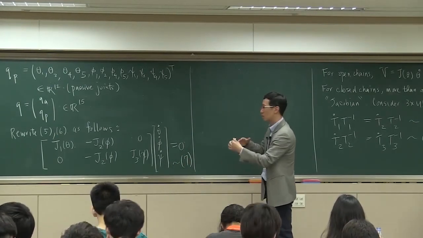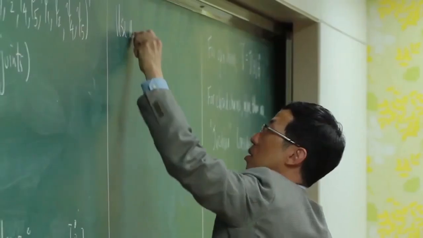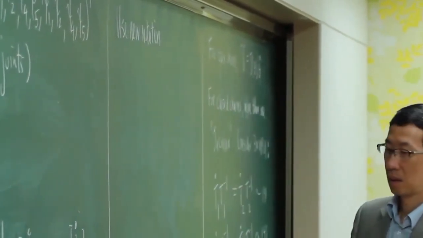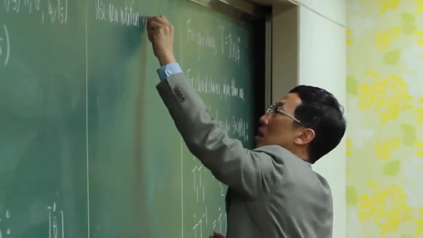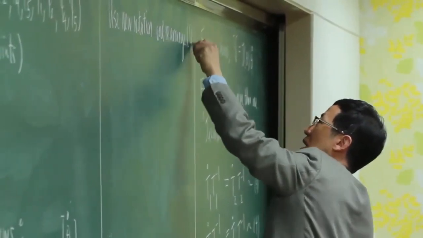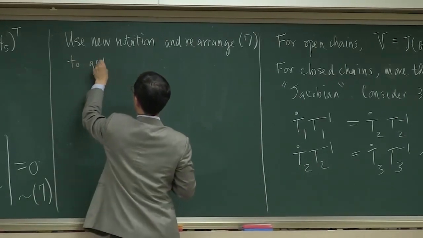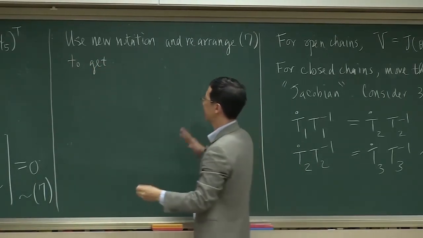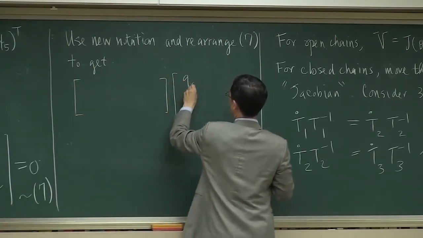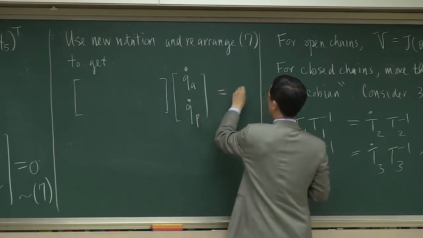Now we're going to use new notation and rearrange equation number 7 to get some matrix times QA dot, QP dot, equals 0.